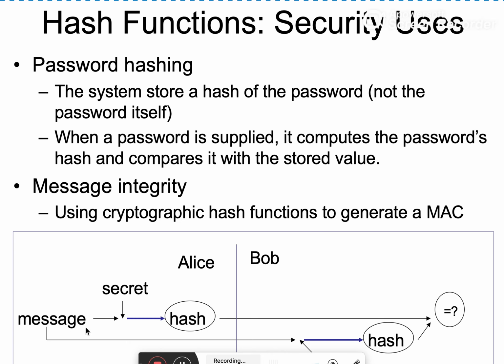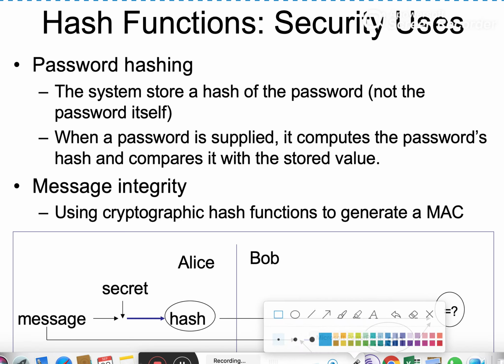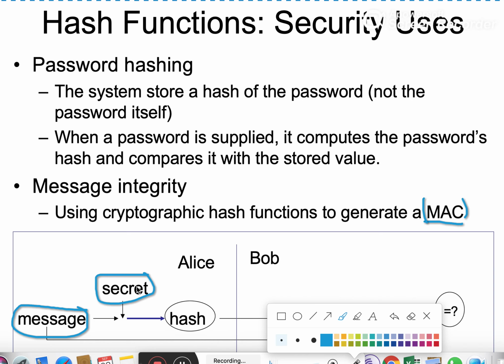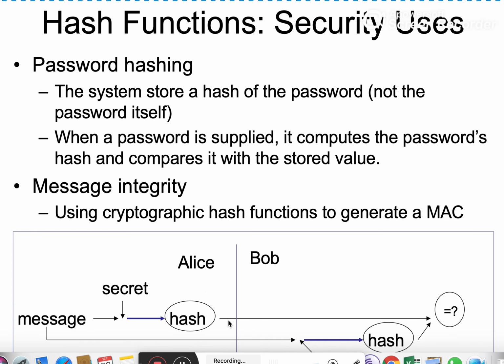When a message is generated by Alice, the first thing she has to do is calculate the hash of the message. For a MAC, we need a secret or key. So the message is appended with the secret or key, and then this is given as input to the hash function, and the hash function calculates the hash of the message and sends it to Bob along with message M.